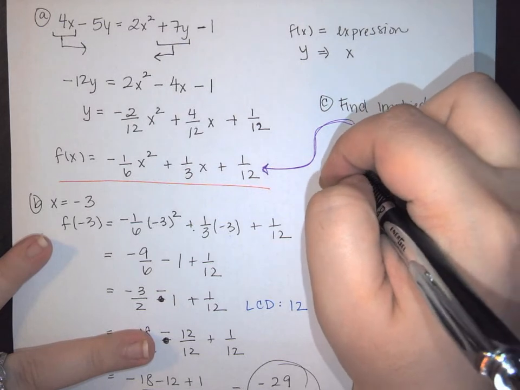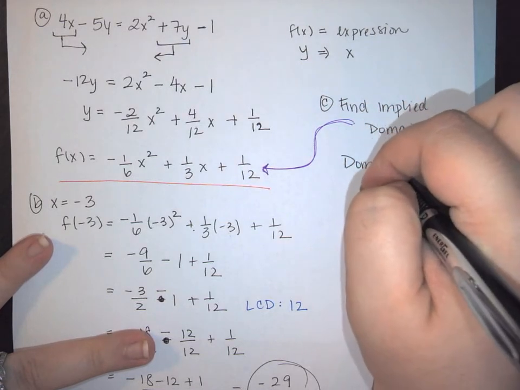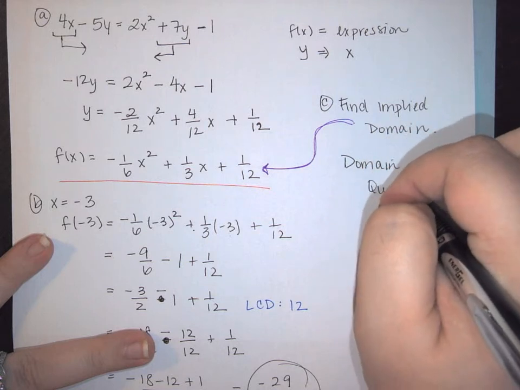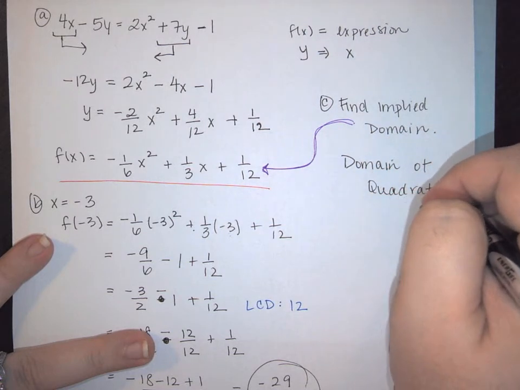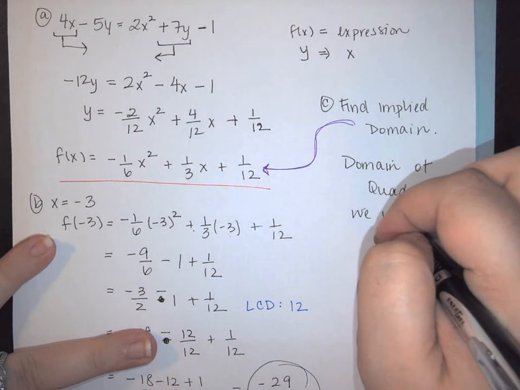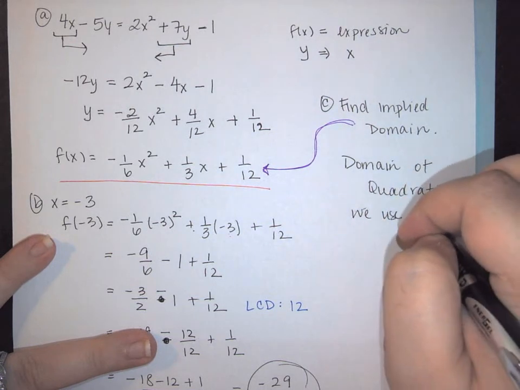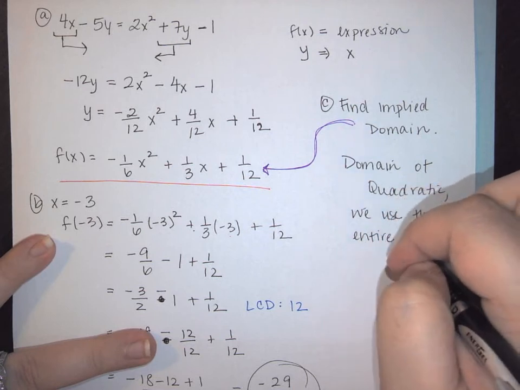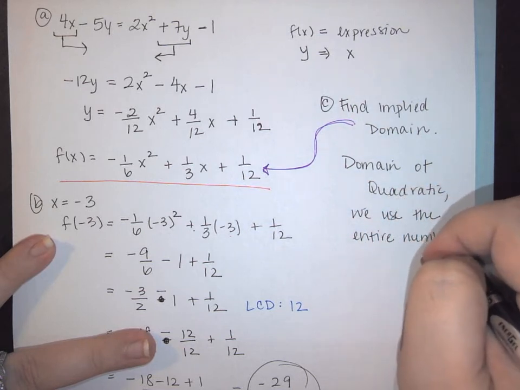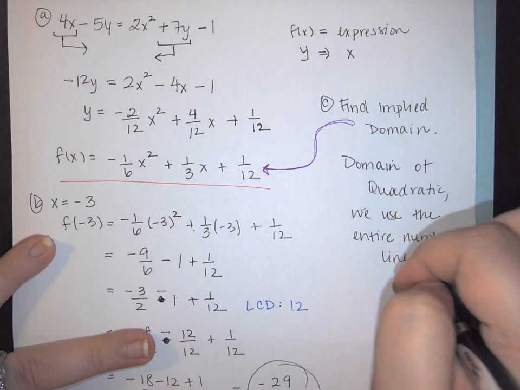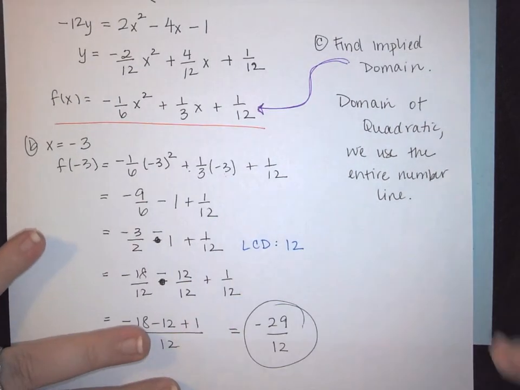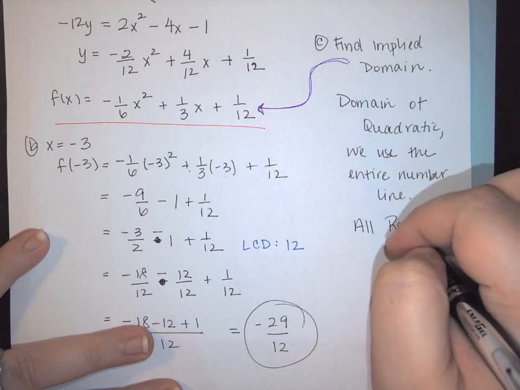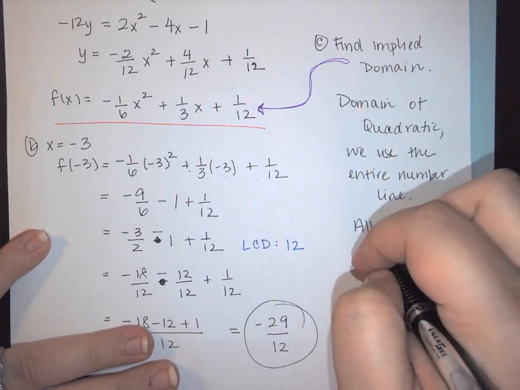So when we're talking about your domain of a quadratic, you will use the entire number line. What this means is that your implied domain is called all real numbers.